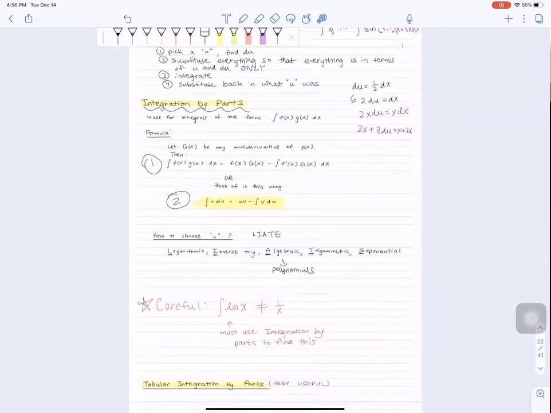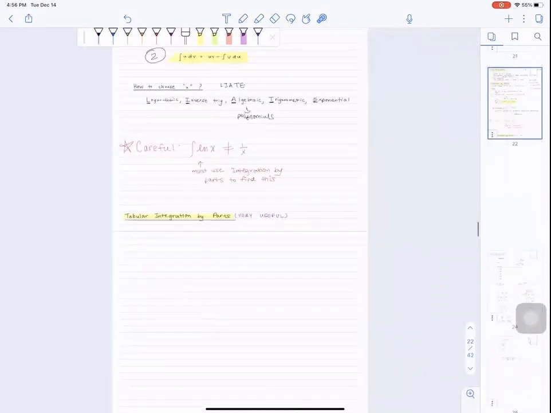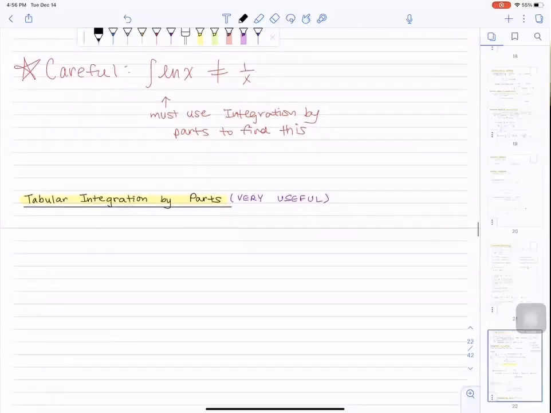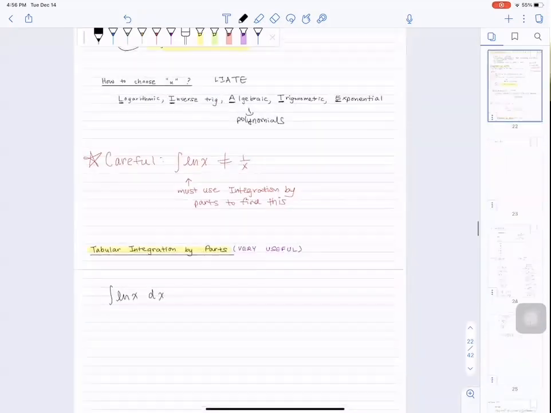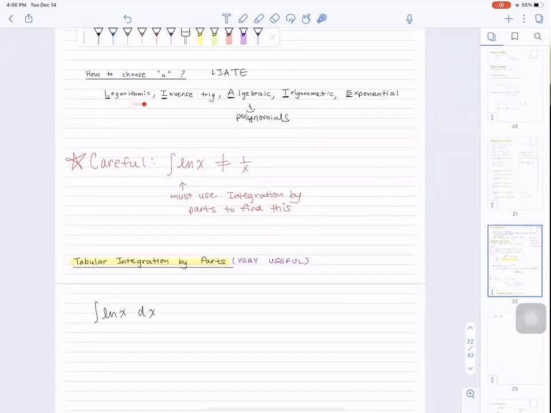Yeah, so okay, it's also in yesterday's review notes on one of the pages, but I can do it again. So what is the integral of ln x dx? We need to choose a u. What does our LIATE say to choose for u? Do we see any logarithms?